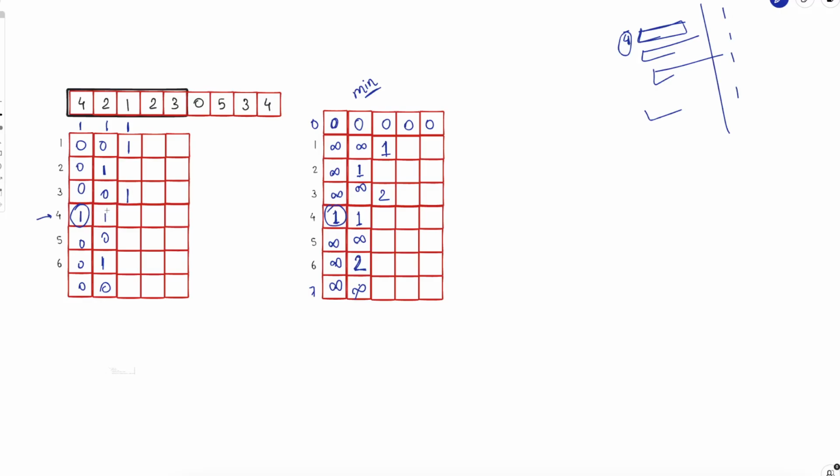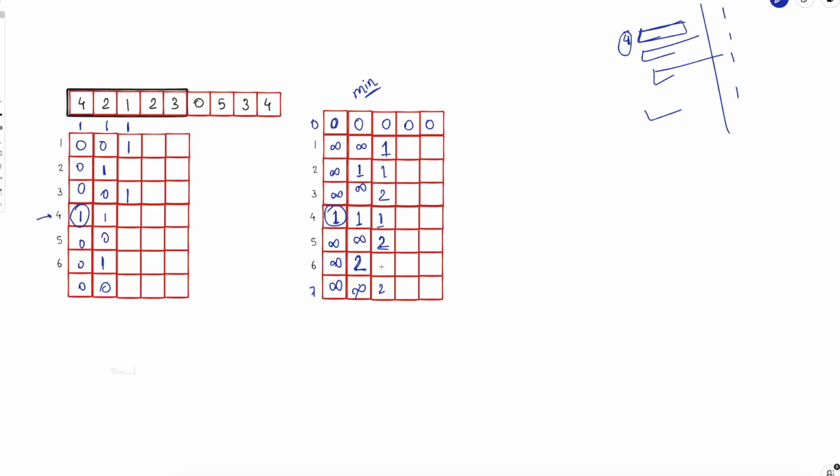Now 4 is feasible. Now from 4 you can amend 1 to get 5. Now 5 was infinity, so how many elements are required to make 4? It was 1, and you added one more element, so now you can make 5 with 2 elements. Previously you were able to make 5 with infinity elements, so 2 is smaller, so you will simply replace this with 2. In the same fashion, this will also become 2, and the rest of them will remain as it is.